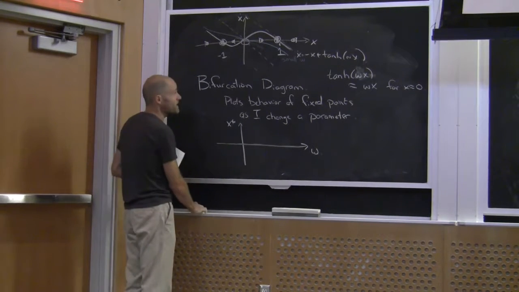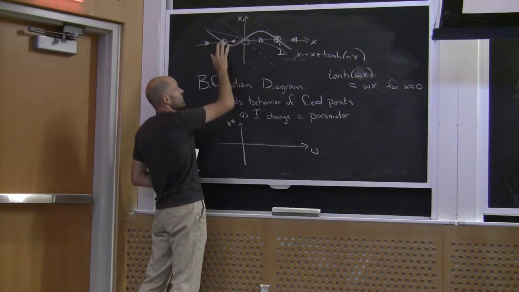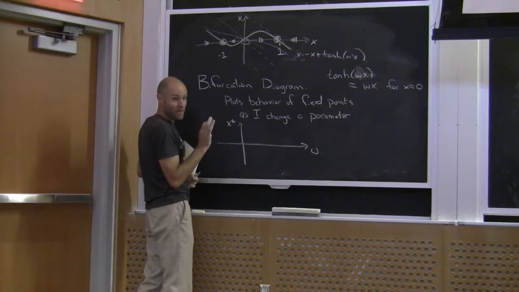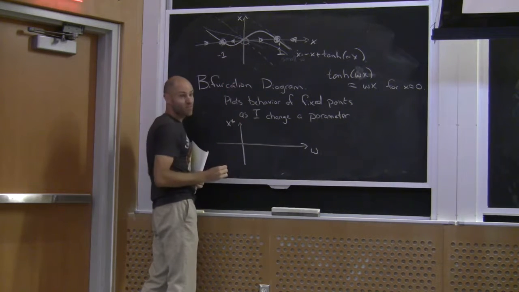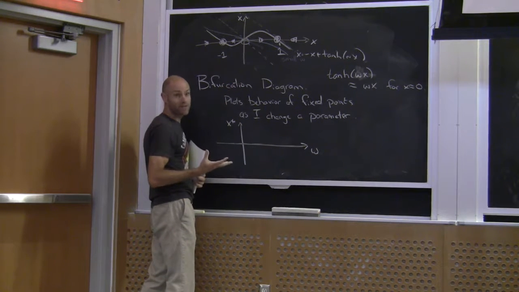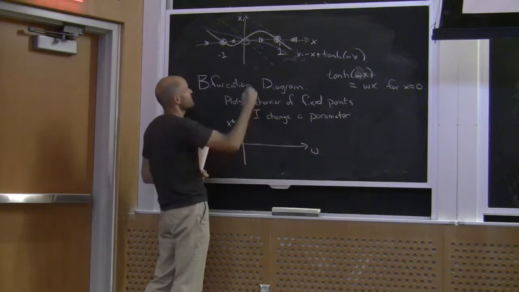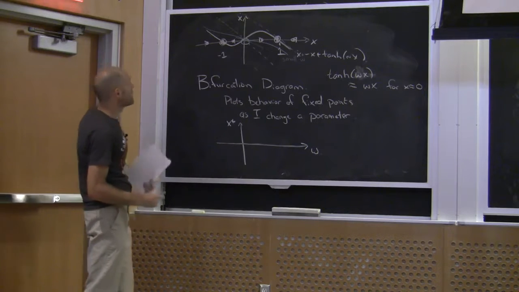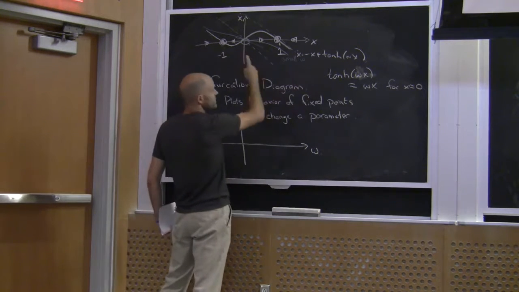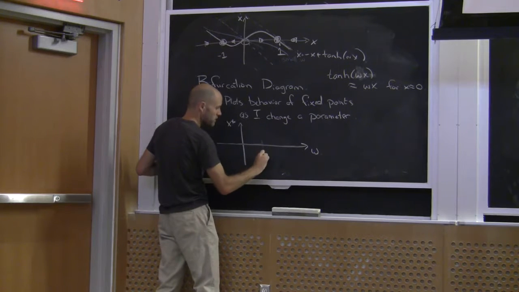So what that tells me is that the inflection point here, something magic, this doesn't happen in linear systems, right? I can change my parameter and fixed points can be created or destroyed with a simple change of parameters. That's power. So that magic happens for this system when W equals 1.